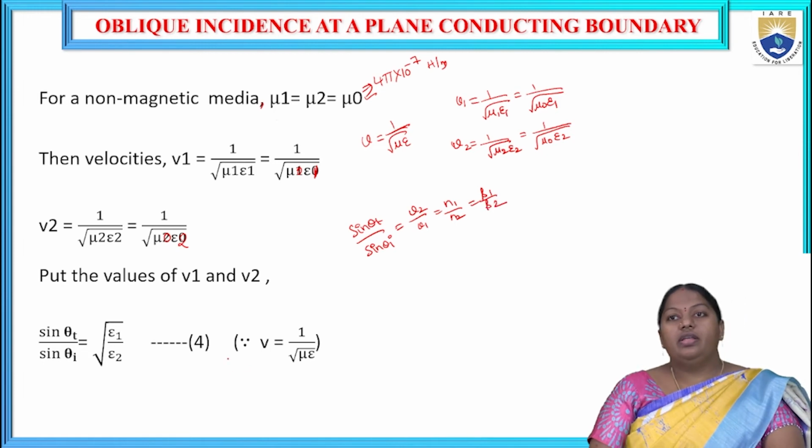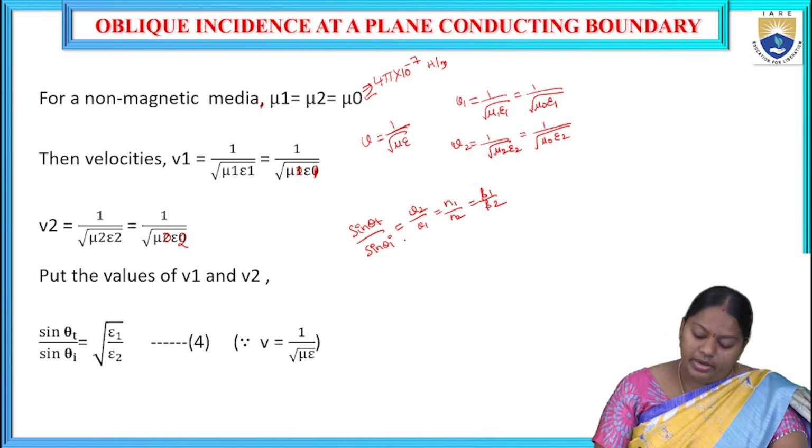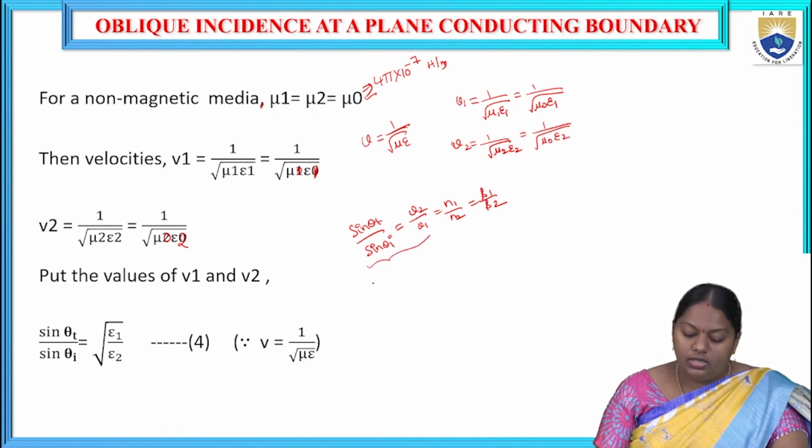Till now we have derived this. Now consider any two relations. So sine theta t by sine theta i equals v2 by v1, that is, 1 by root of mu naught epsilon2 divided by 1 by root of mu naught epsilon1.